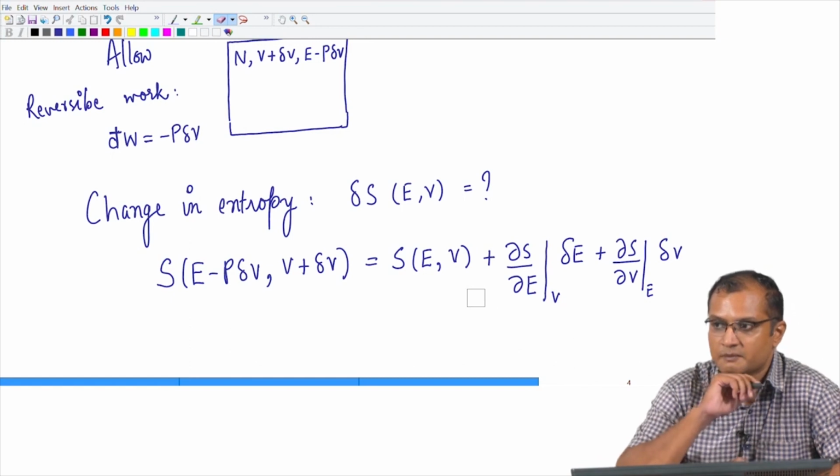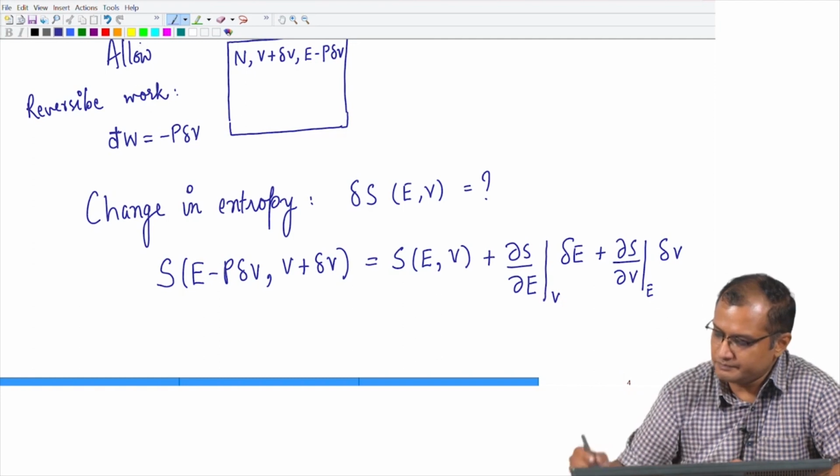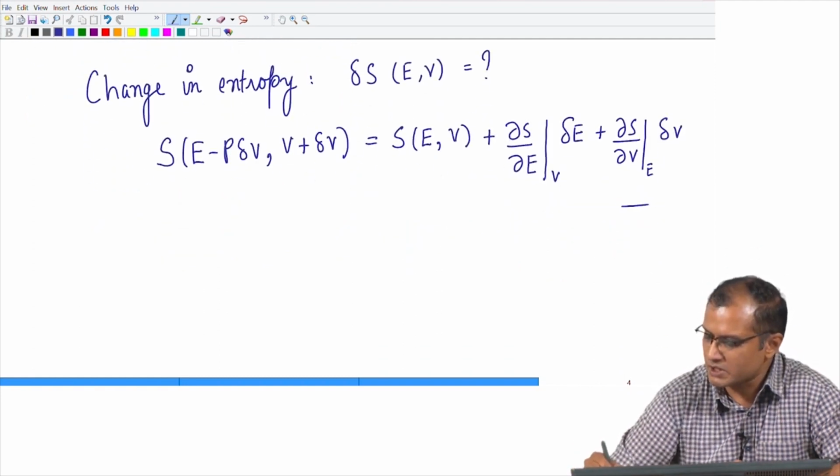So, this is a first order expansion around energy E and volume V. Let us call this equation 1.